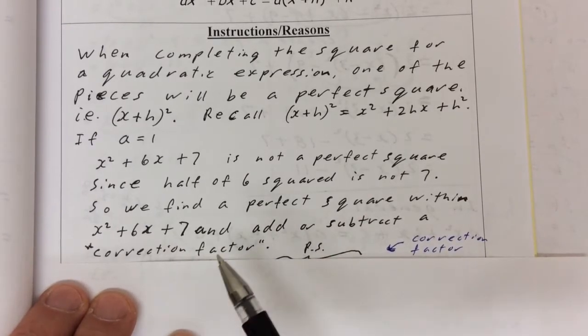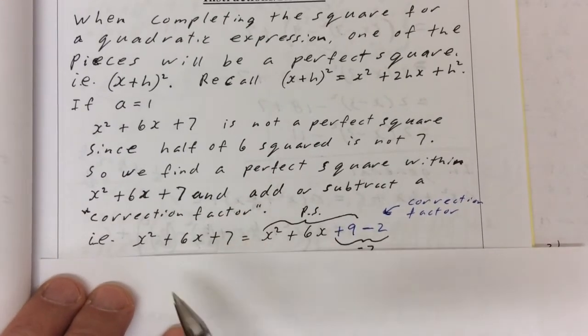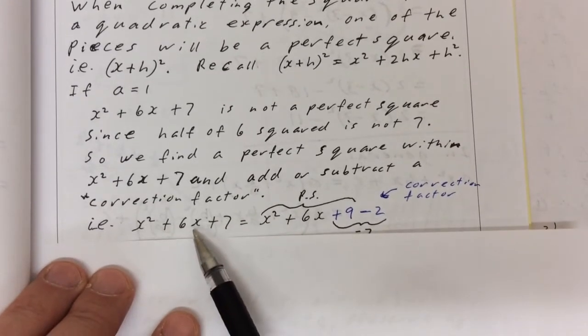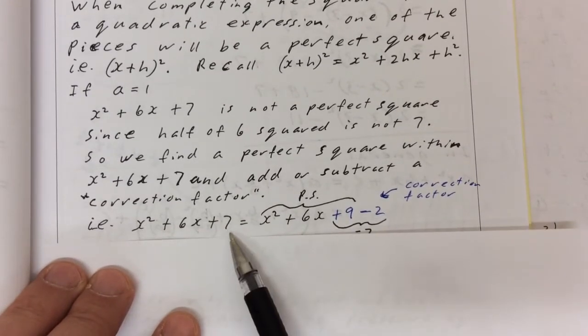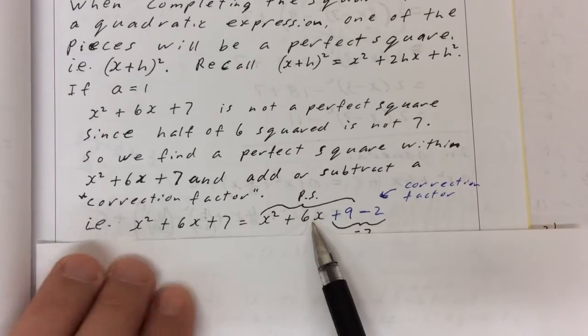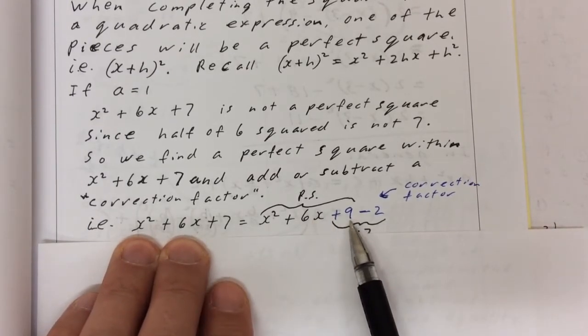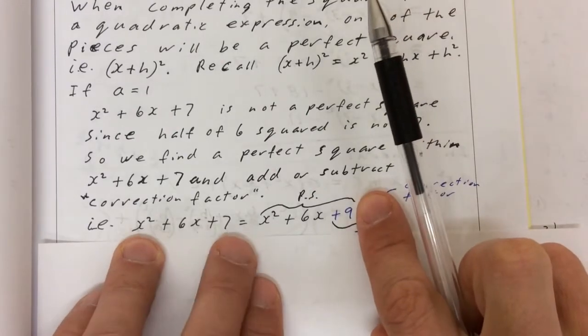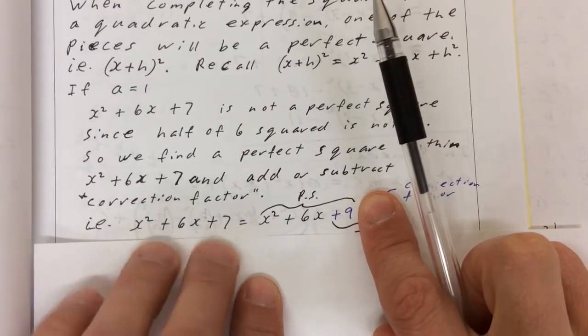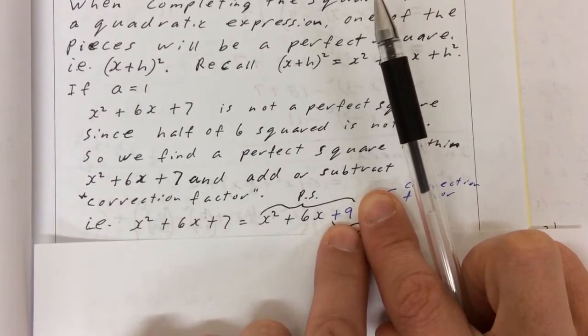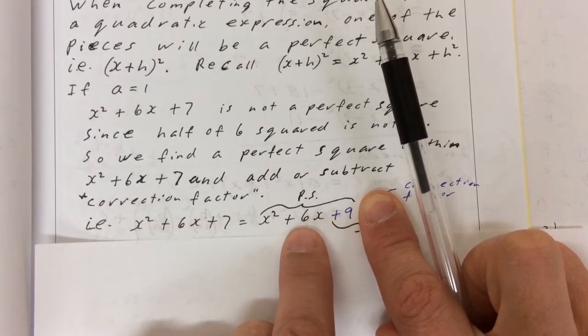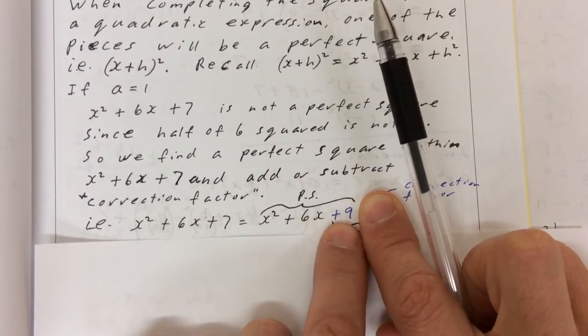Okay, so I call it a correction factor. So x squared plus 6x plus 7 is the same as x squared plus 6x, I don't change those first two terms, plus 9. With just a plus 9 I couldn't put the equal sign there, but the plus 9 now makes it a perfect square. Half of 6 squared is 9.